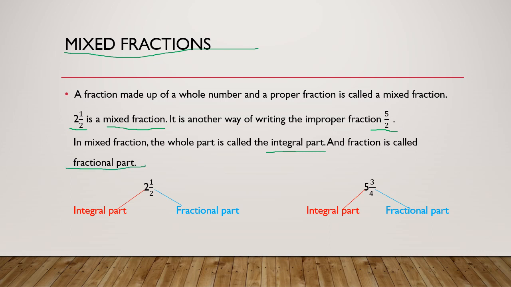See this example, 2 whole 1 upon 2. This 2 is called the integral part and this fraction is called the fractional part. In 5 whole 3 upon 4, this 5 is the integral part and 3 upon 4 is the fractional part.